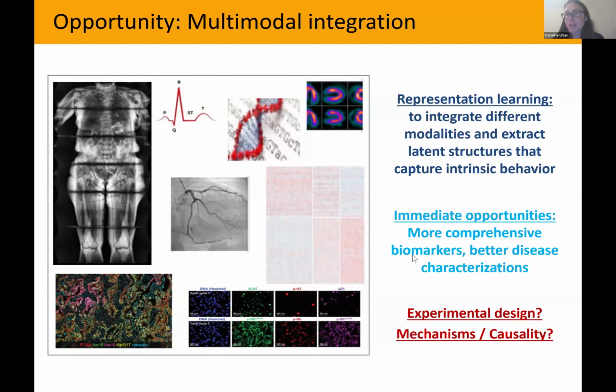And if there is a way of integrating very different modalities of data and also scales of data, then an immediate opportunity is, of course, that you could get more comprehensive biomarkers of a particular disease, better characterizations of disease as well. And what I also want to get to, and I'll talk a little bit about this, is that maybe multimodality could also help us to get at mechanisms and causality.